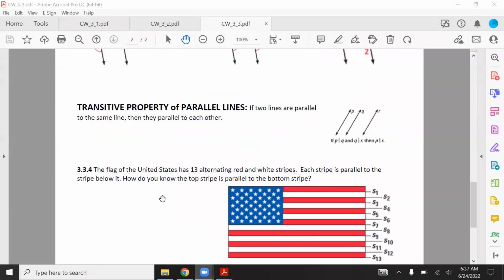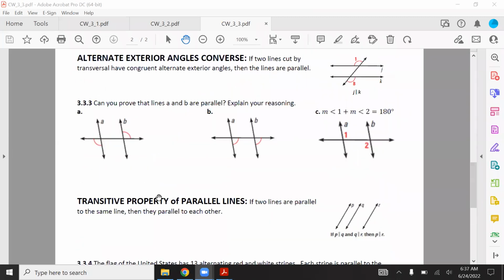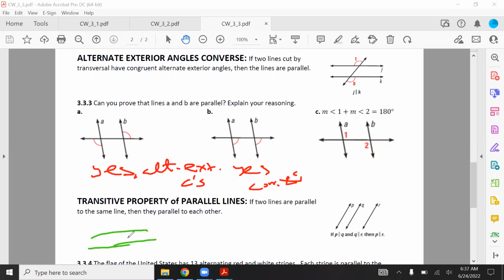So now we're going to do some quick proofs here. Are these lines parallel? Explain. Yes, alternate exterior angles. Yes, this one, corresponding angles. And by the way, when you do your markings, if you put one marking, that means they're the same.